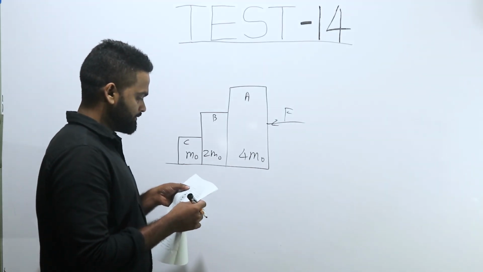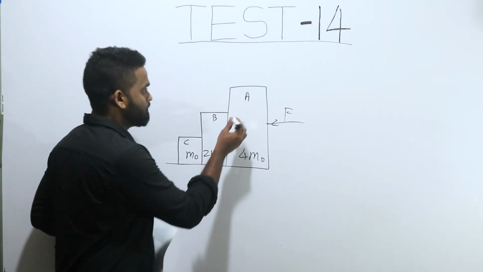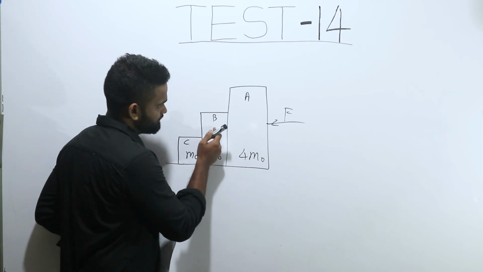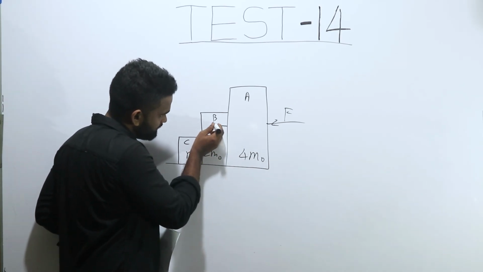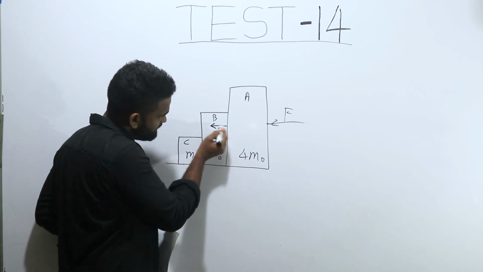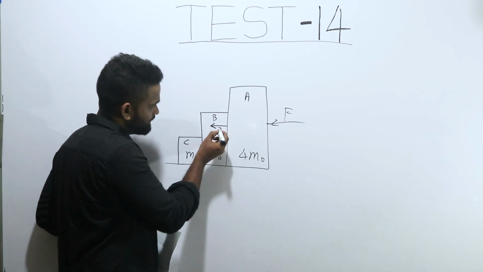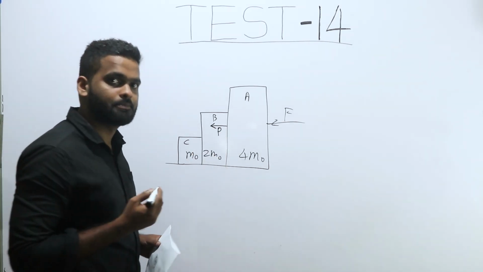Okay, so what they ask is force by A on B. On B, to this side, I will say that force is capital P.